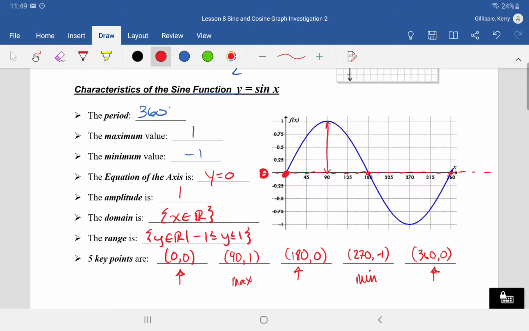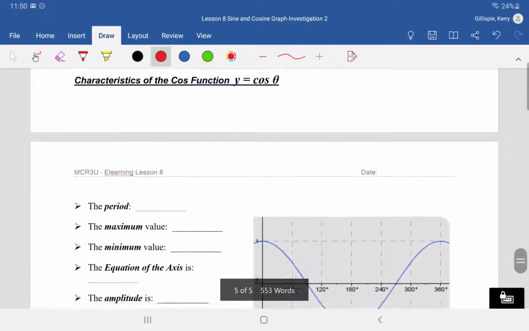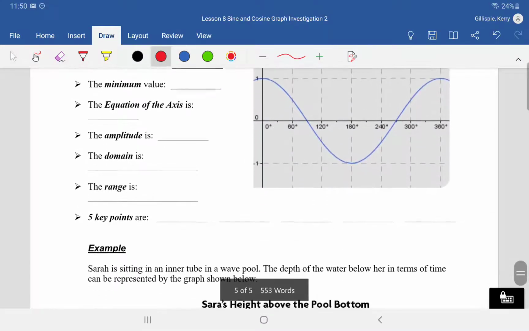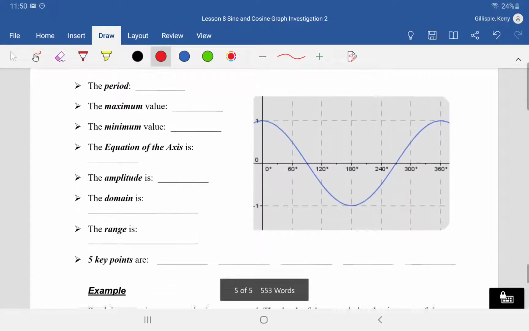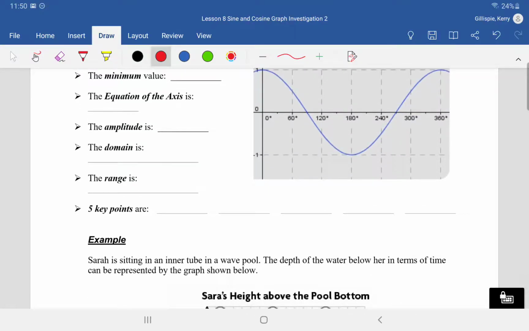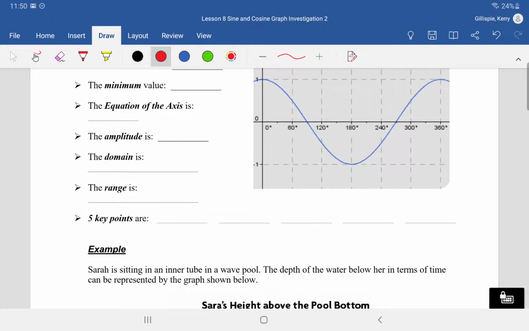Okay, I want you to do the same thing for the cos function. So the cos function is given to you there, and I want you to go through and fill in all that chart. I'll do the key points with you though. Reading them from left to right, the first key coordinate is 0, 1. That's here. This one, if you look back to your other graph that we did, was at 90 and 0.